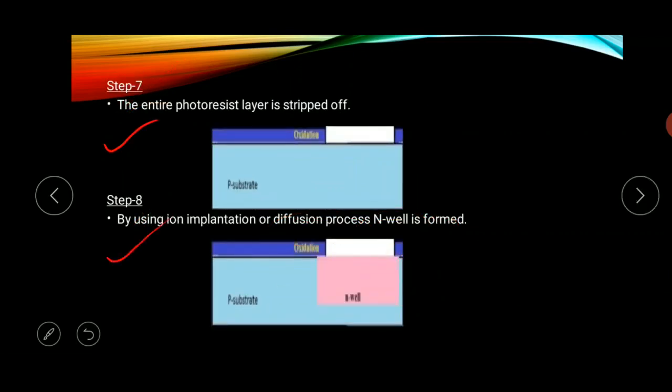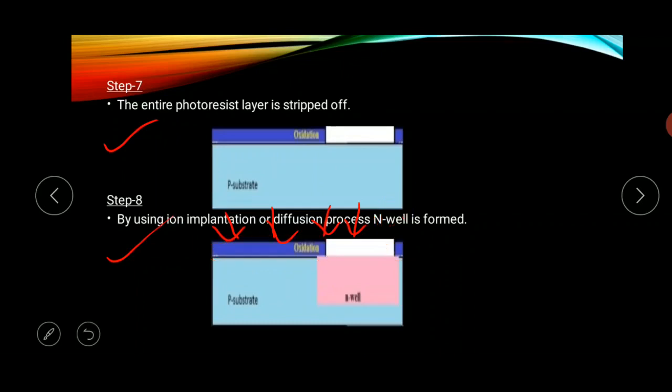In step 8, we add impurities to the substrate. Which type of impurities? N-type impurities. We add the impurities throughout the surface, but in these regions the oxide layer acts as an insulator. Because of that, impurities are not able to penetrate the substrate.